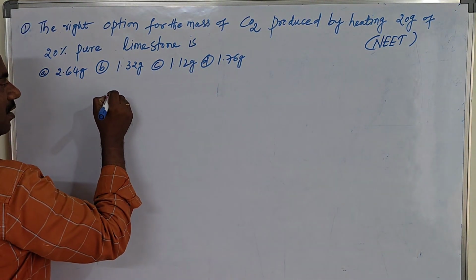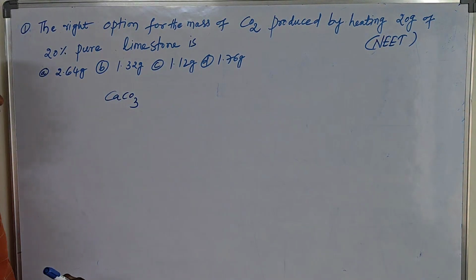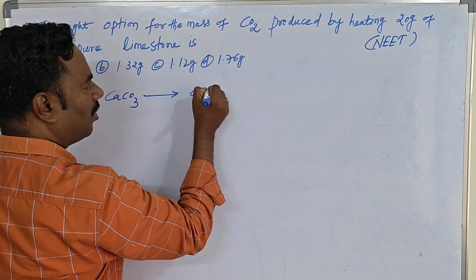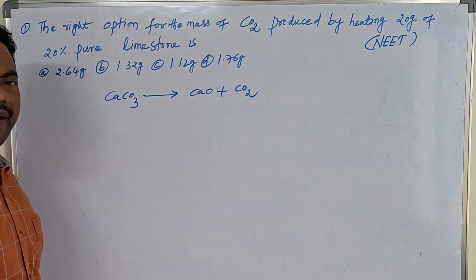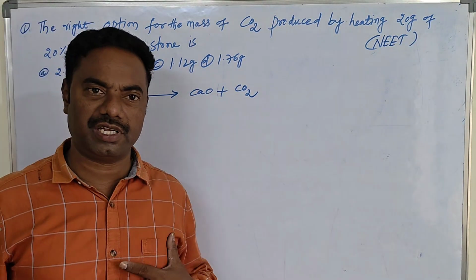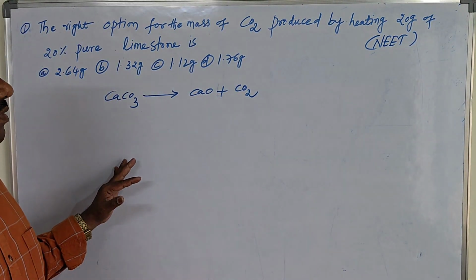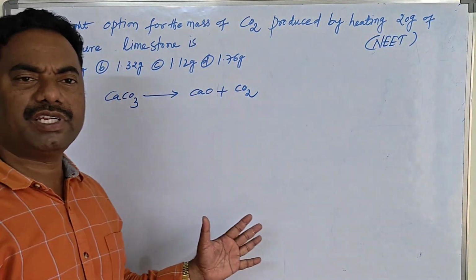When we heat limestone, limestone means calcium carbonate, then we will get calcium oxide and carbon dioxide. First we need to write a balanced chemical equation. After reading this problem, we need to write the complete equation with balance.